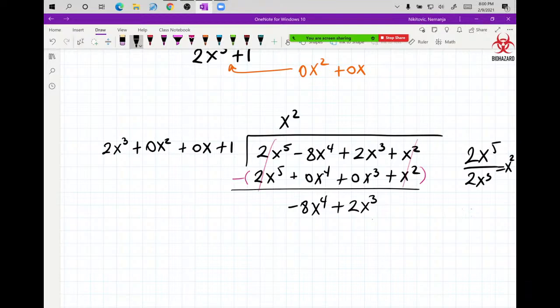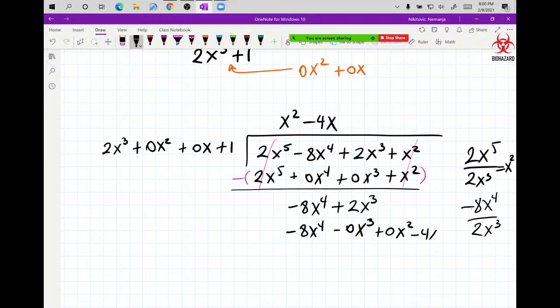So now, negative 8x to the 4th divided by 2x cubed. Well, that's minus 4x, right? Because negative 8 divided by 2 is negative 4. And then when you cancel the powers here, you just get 1x. Multiply it back: negative 8x to the 4 minus 0x cubed plus 0x squared and minus 4x.